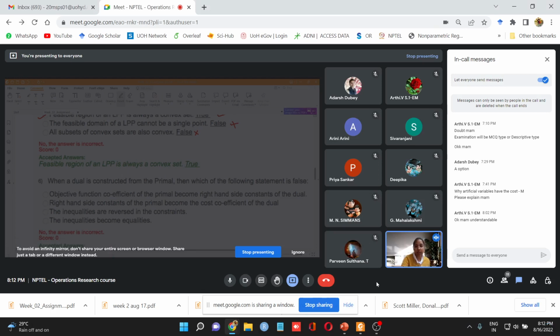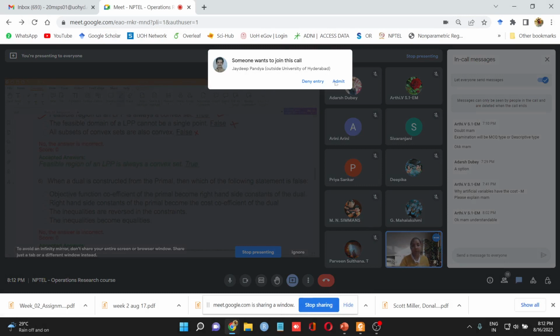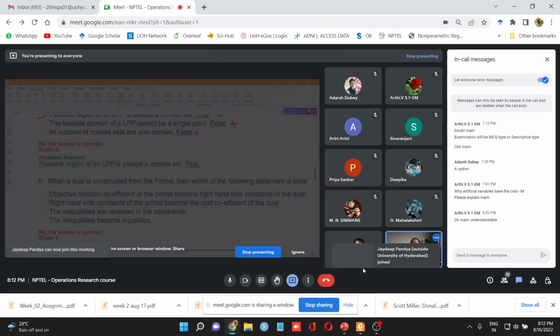Everyone, please type your answer in the chat box. When a dual is constructed from the primal, in a dual LPP, which of the following statements is false?